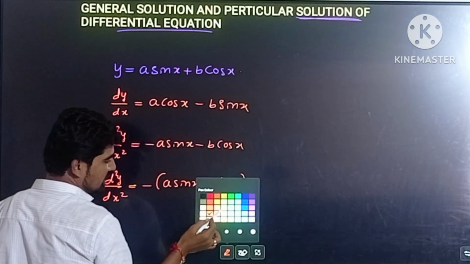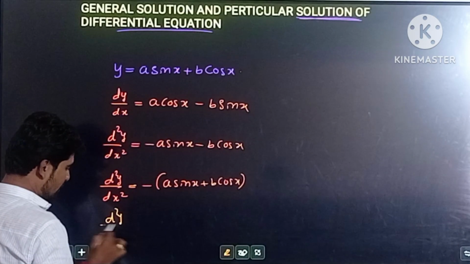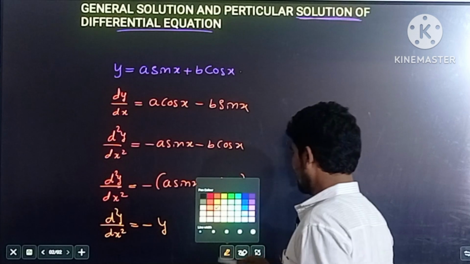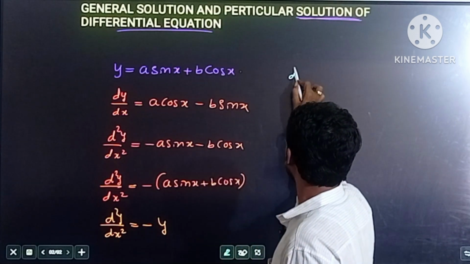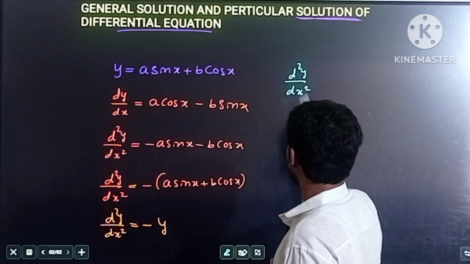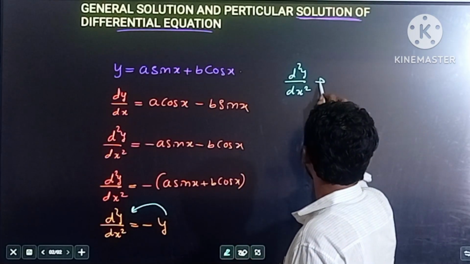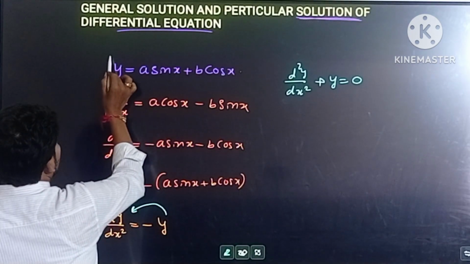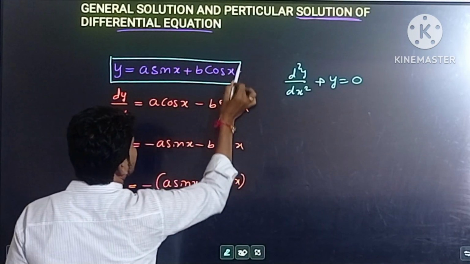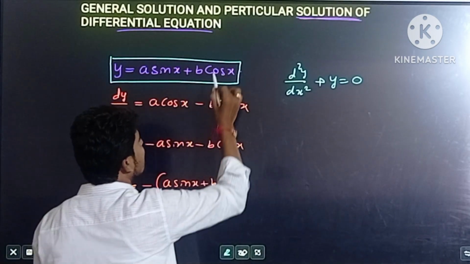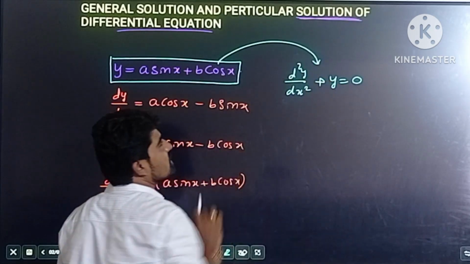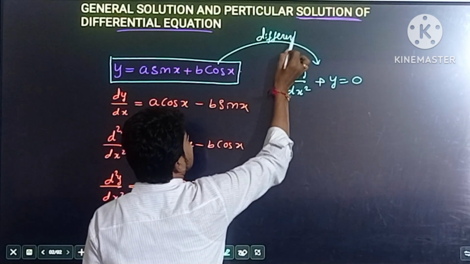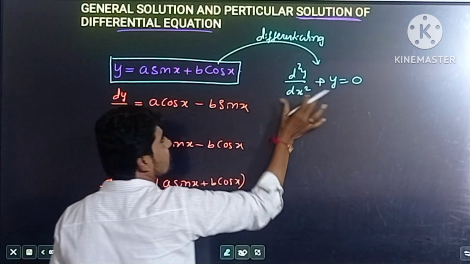So I replace it, and finally we got d square y by dx square plus y is equal to 0. Here y equals a sin x plus b cos x is the function, and by differentiating this function, we got the differential equation.